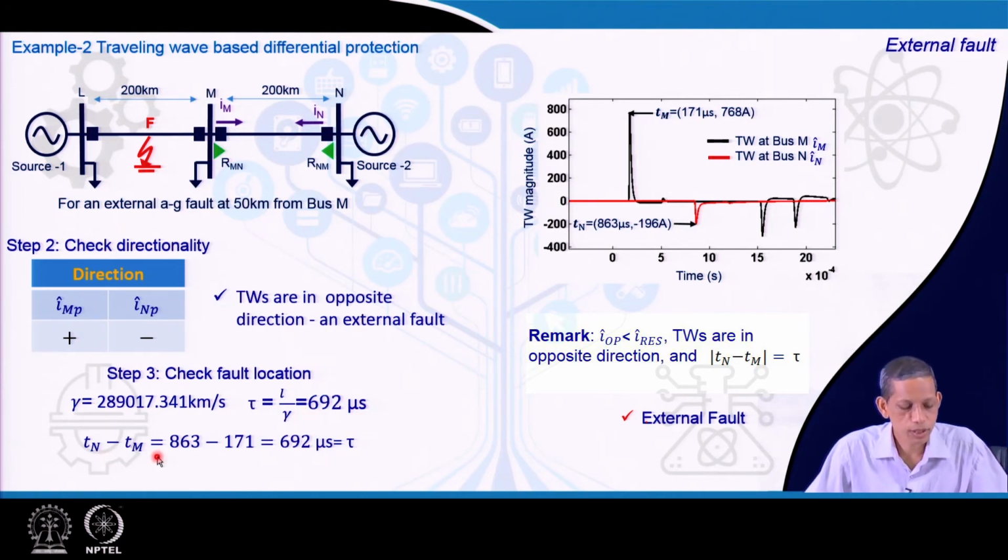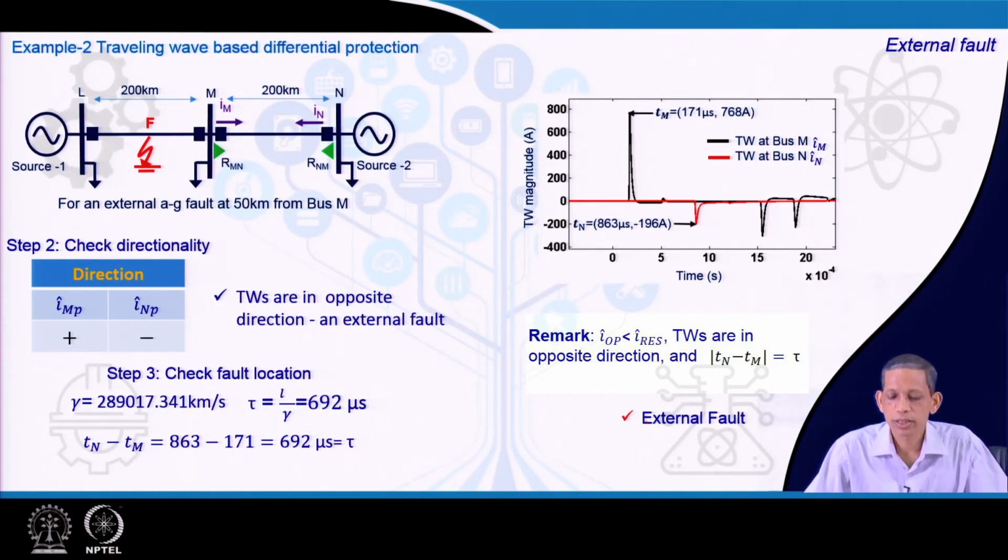So, T n minus T m is 863 minus 172, which is 692, equal to tau. As per our external fault case, the magnitude of T n minus T m should be tau, where tau is L upon gamma. So, that is the situation.